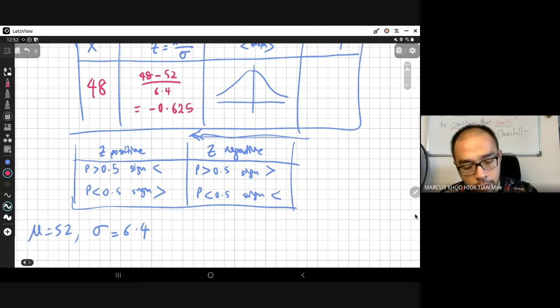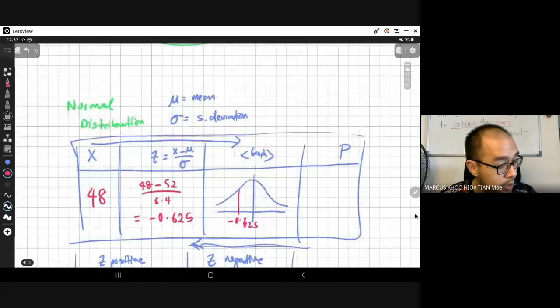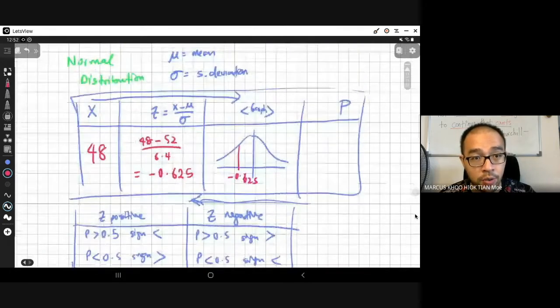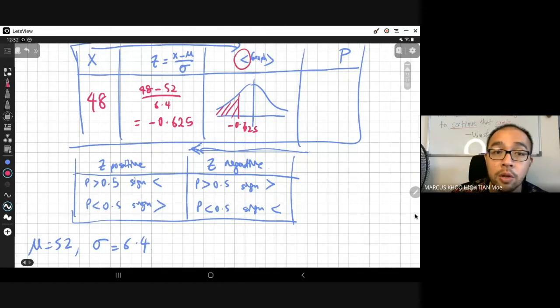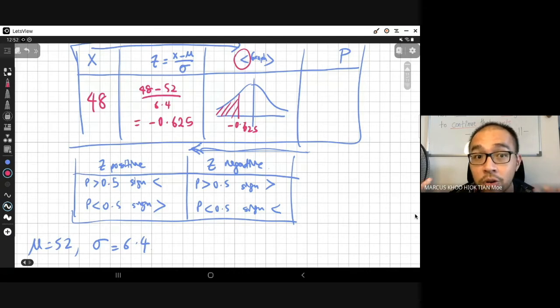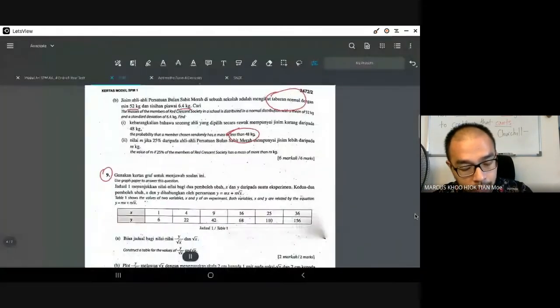So negative 0.625 is over here, and we want less than, because the question say less than. So less than means kita bulatkan itu dan kita lorek. Then daripada graph, this tells us that kita boleh baca terus. Okay, 0.625. And that is where our table comes in.